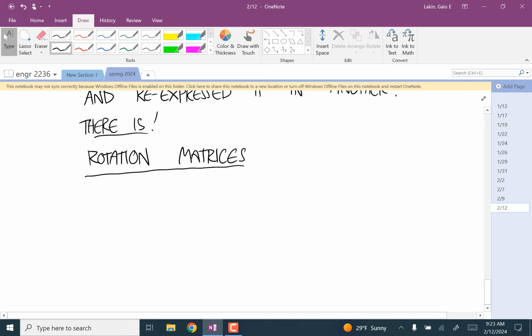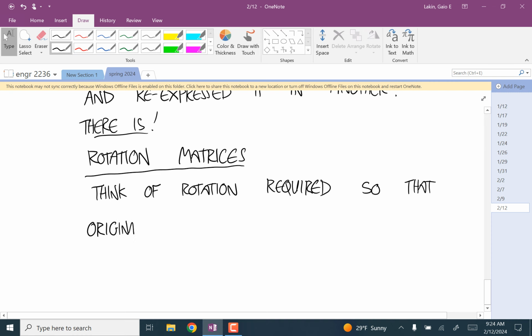And so you always want to think of the rotation that's required so that the original coordinate system becomes aligned with the new coordinate system.